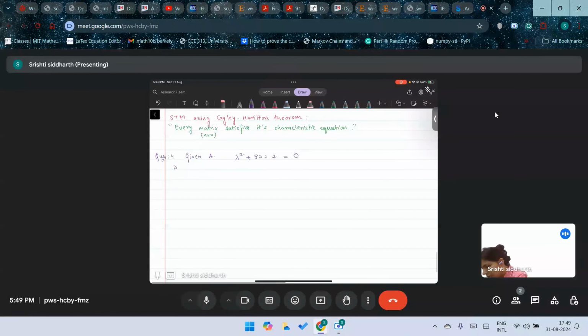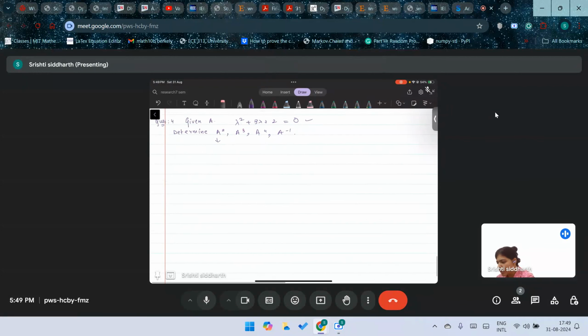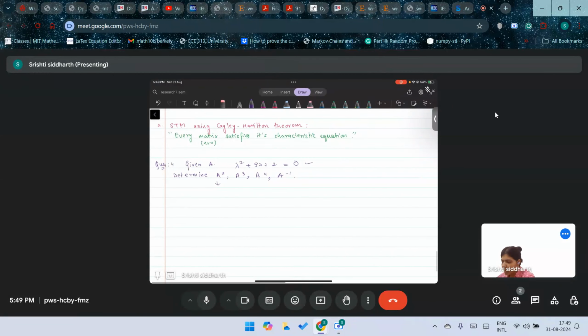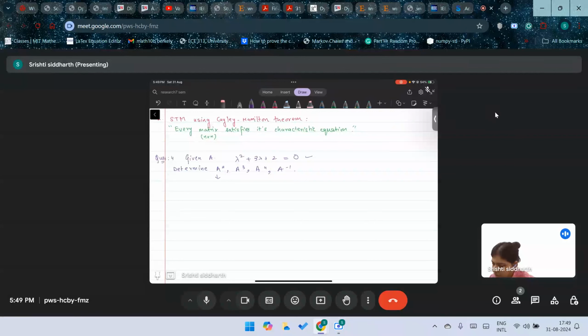So the question is to determine various powers of A: A square, A cube, for example A4, and also A inverse. This is just a second order system, so you can compute A square, A cube, A4 quite easily. So the purpose of this question is to see how we can calculate these using the characteristic equation.